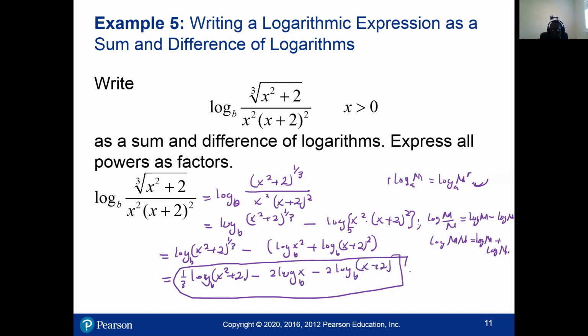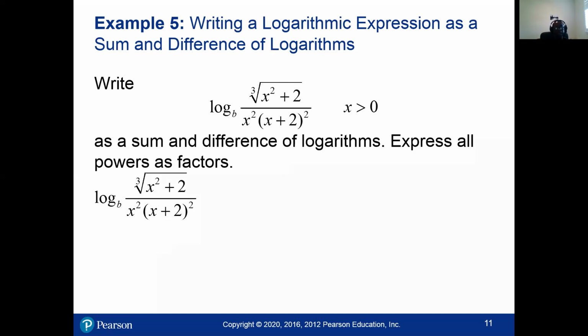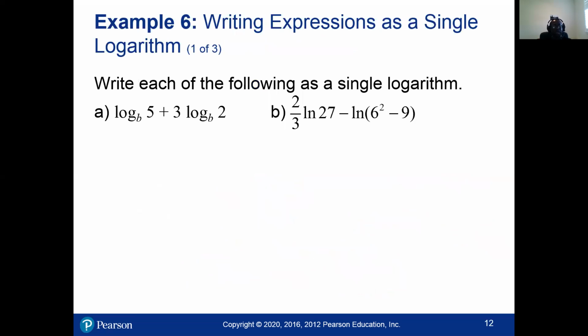Okay. All right. So then, going the other way, you remember the rule is that if you have a log of m times n, it becomes the sum: log m plus log n.